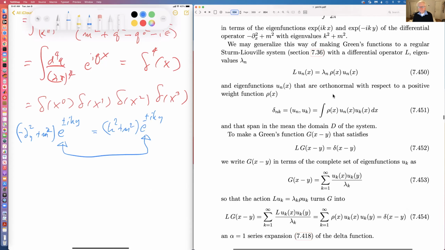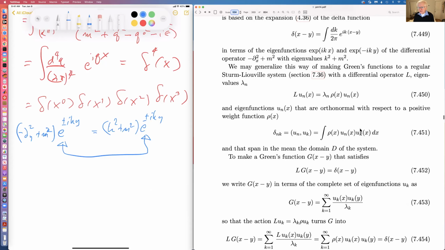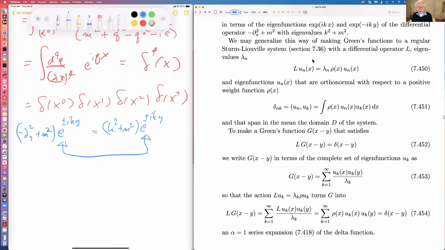And so we see we can write the delta function in terms of the eigenfunctions. And one way of going in that direction, although we've sort of been there several times, is to say, well, if L u_n is lambda_n rho u_n, and we've got that the u's are orthogonal when properly weighted, then the Green's function is just the outer product, the product of the eigenfunctions divided by the eigenvalues, summed.